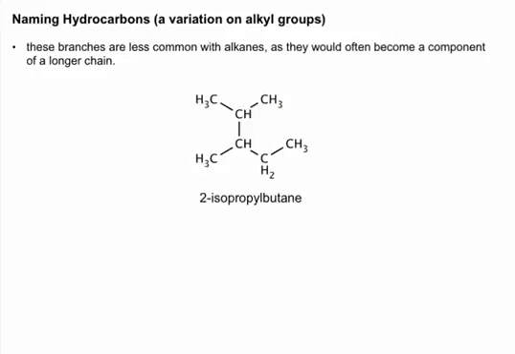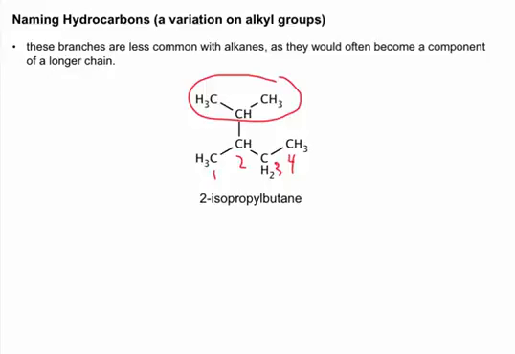Now, it's not always the case that you can see or have these longer branches. If we look at this particular example, it's given the name 2-isopropyl butane, and that works because here's my butane, 1, 2, 3, 4. There's my butane, and there's an isopropyl group, as we just saw.